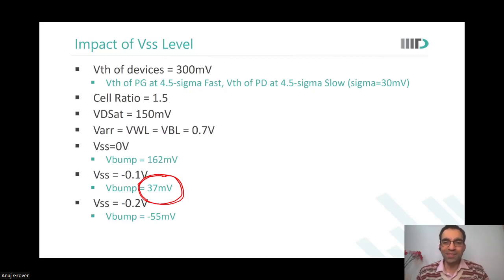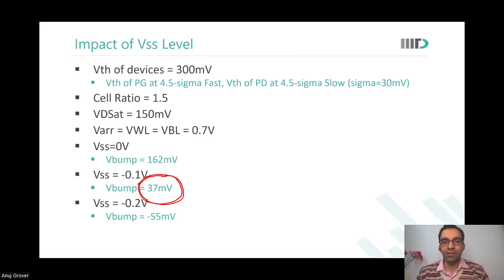Okay. Now the question is, what is the capacitance of VSS? Can you really take it to minus 0.2 volts? What will be the power consumption just to take it to minus 0.2 volts? See, you are not keeping it at minus 0.2 volts always. Only during read cycles, you will take it to minus 0.2 volts.